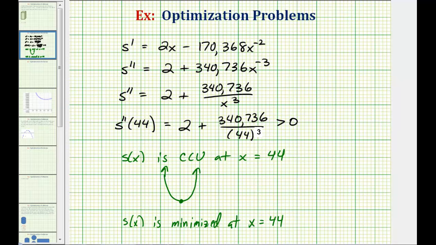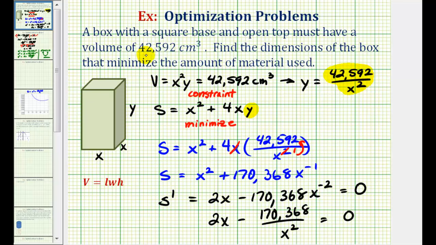So now if we go back and take a look at our figure for a moment, our goal is to find the dimensions of the box that will minimize the surface area. So we know our box must be 44 centimeters by 44 centimeters by y centimeters. So we still have to find the value of y, and we can find y using this equation here. y is equal to 42,592 divided by x squared when x is 44.